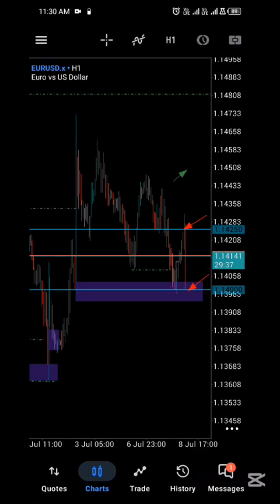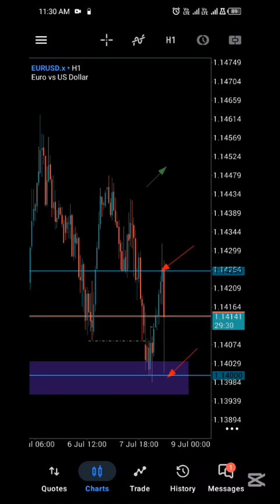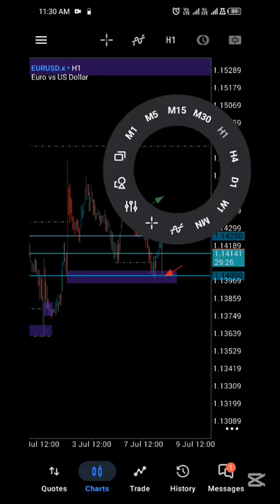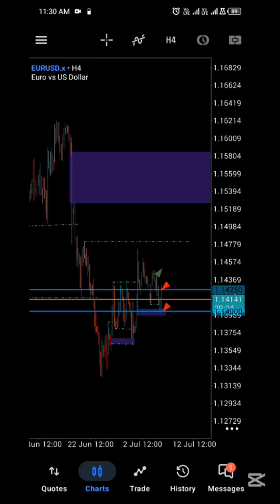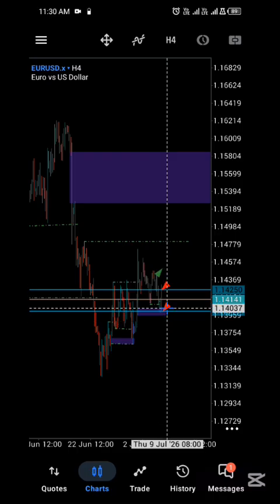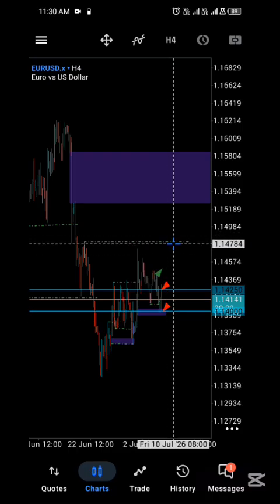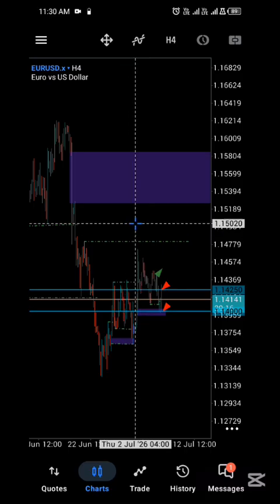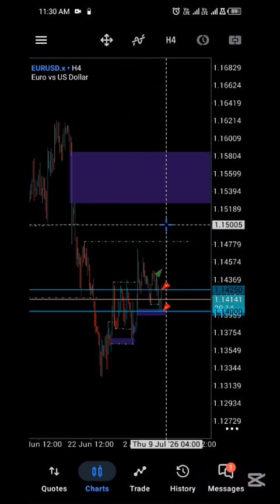On the euro dollar, this is what I'm seeing. I don't know what type of price action is happening around this zone. My final analysis is that I'm expecting this market to retrace back, take out these buys of liquidity, and either fill this imbalance around here or go to the extreme around this zone.